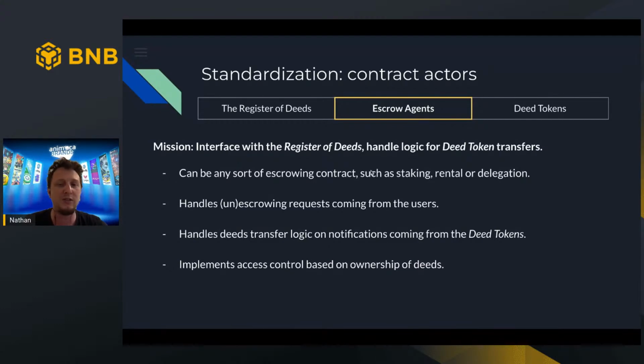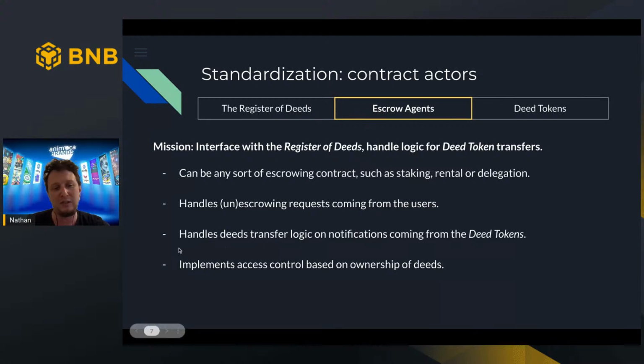So it can be staking, rental, delegation, any sort of application that would normally escrow your token. It handles escrowing and unescrowing requests coming from the users through their wallets. And importantly, it will handle, through a callback, the transfer logic coming from the deed tokens.